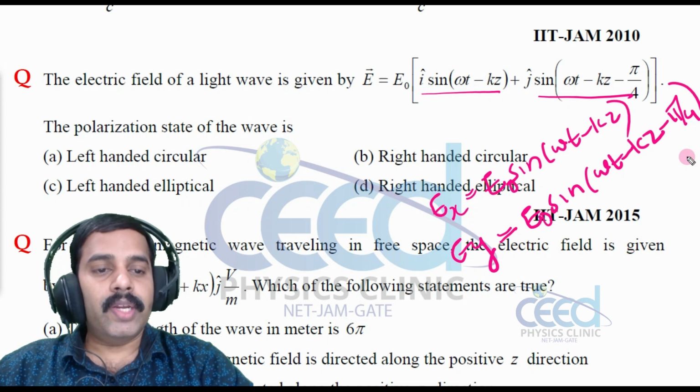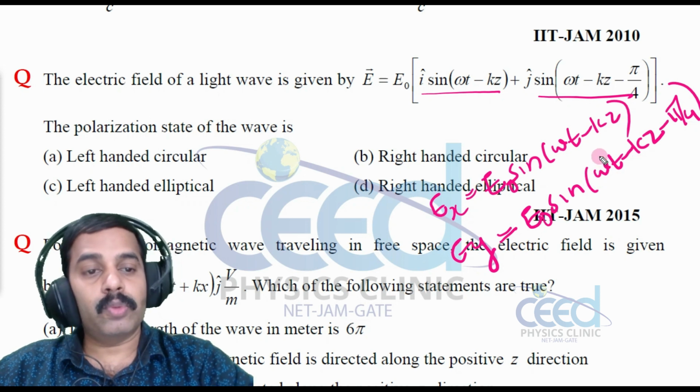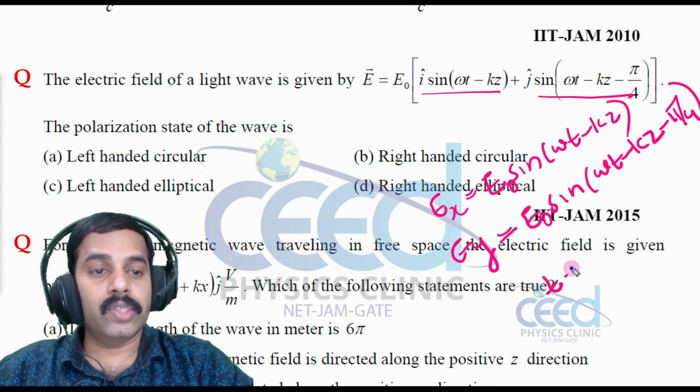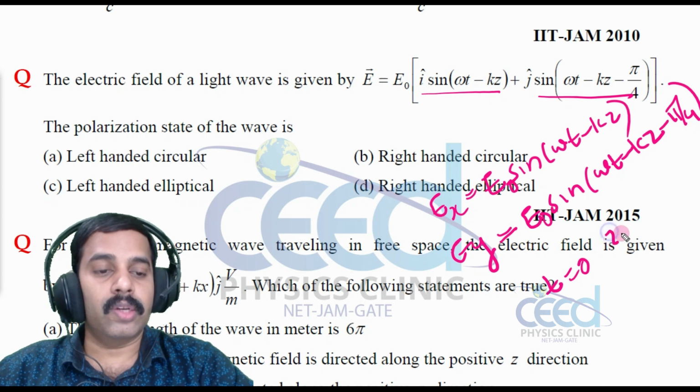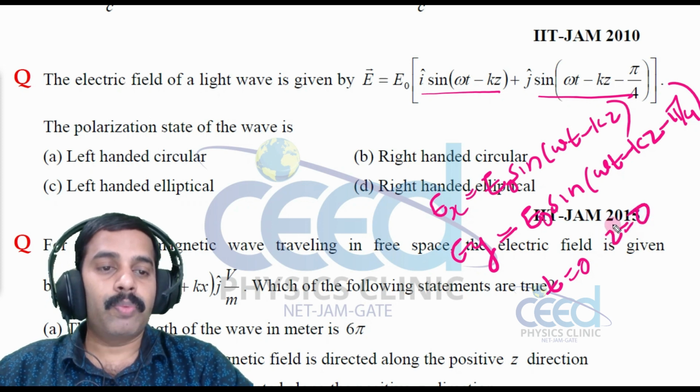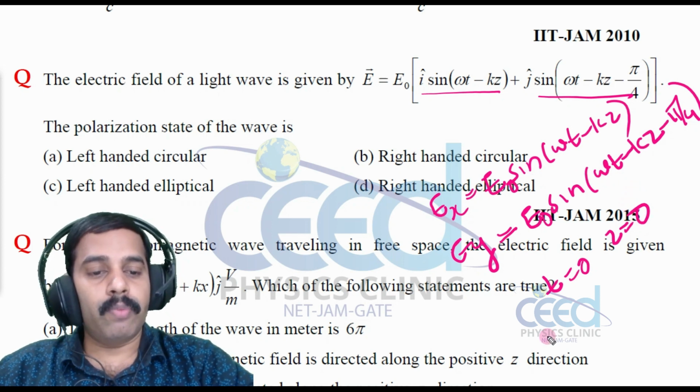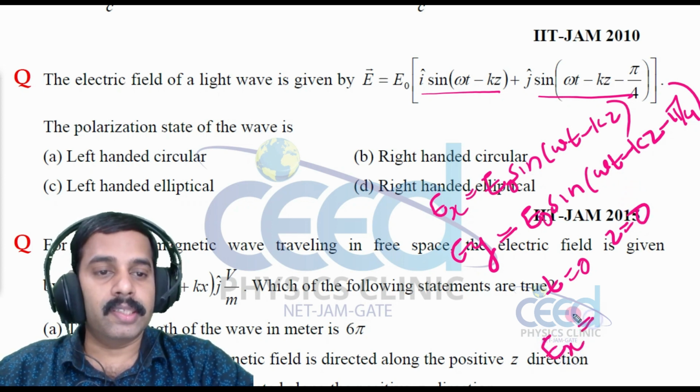See, if I am applying some condition here, right? So let me write this. Suppose I am considering t is equal to 0 and z is equal to 0, right? The wave is propagating along the z direction. At z is equal to 0, what is the x component? At that time Ex is equal to, look into this, t is 0, z is 0.